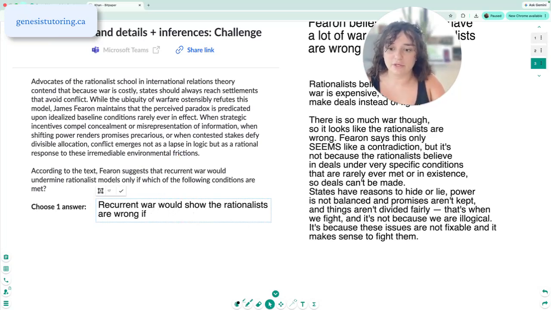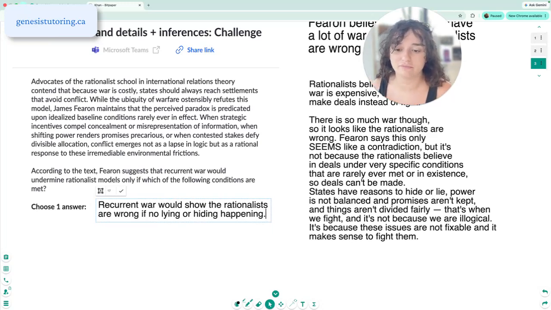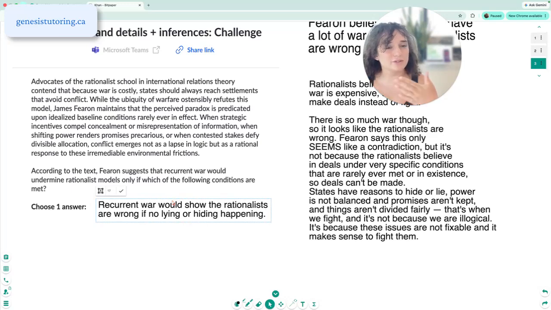So what are the environmental frictions? If no lying or hiding happened and we still didn't make a deal, but that's actually going too far. We don't need to add that we're still not making a deal. They just want to know what would be the condition for the rationalists to be wrong. So if you had recurrent war, no lying or hiding was happening, and yet the war was going on, why is the war going on? We should just settle. There's no lying, there's no hiding, we should just settle.